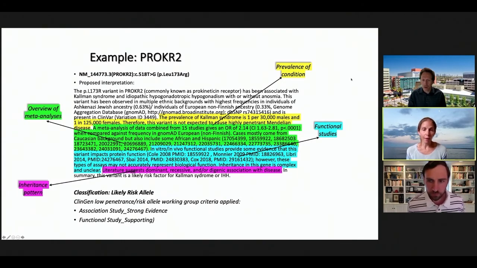And then at the bottom, we conclude that it's a likely risk allele given the strong evidence from the association study and a supporting functional study. But it walks through all the different elements we would recommend hitting with this type of variant.